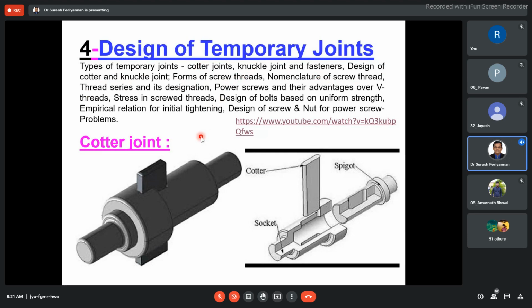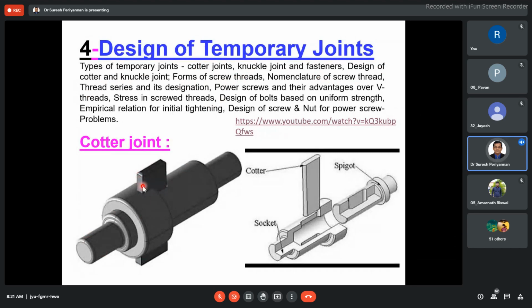Now, first we start with the cotter joint. In the cotter joint, there are three very important parts. The right-hand side part is called the spigot, the left-hand side part is called the socket, and the middle portion is called the cotter.